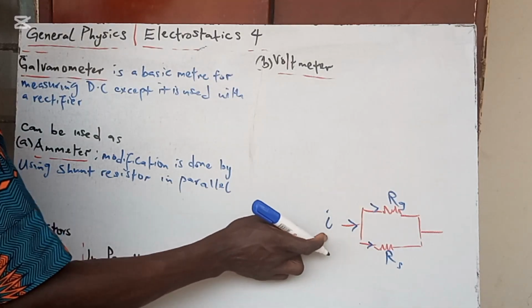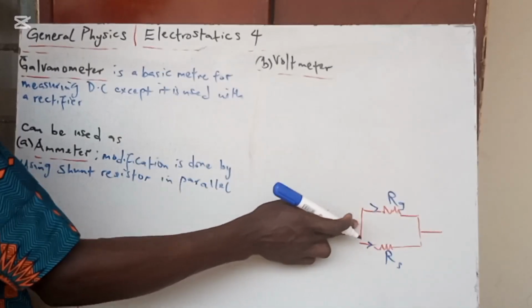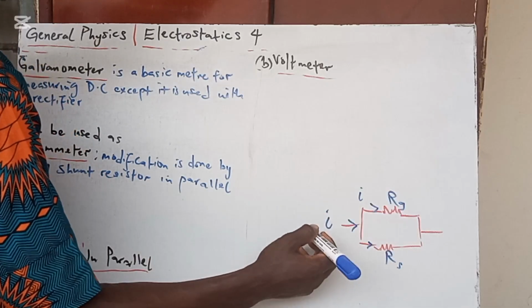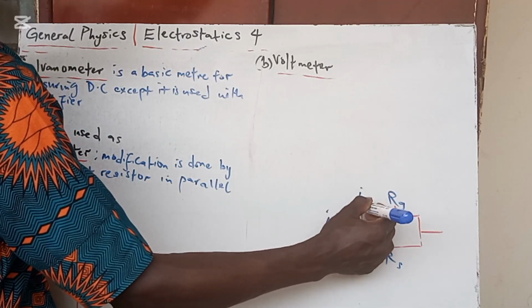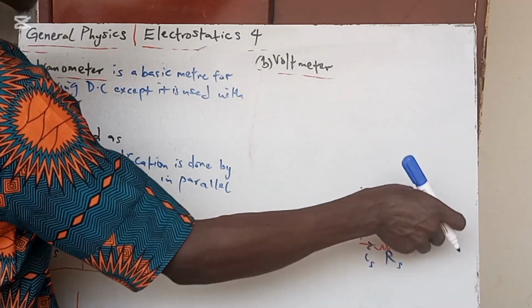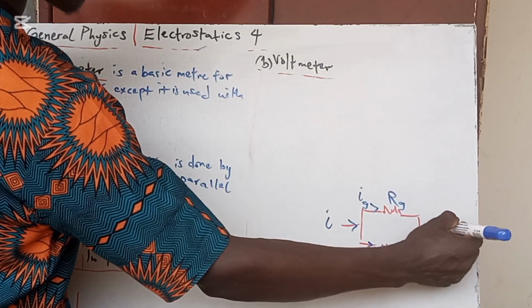Part of the current will flow through the galvanometer and part through the shunt. So I have the current of the galvanometer and the current of the shunt, and when they meet again, they become the total current.